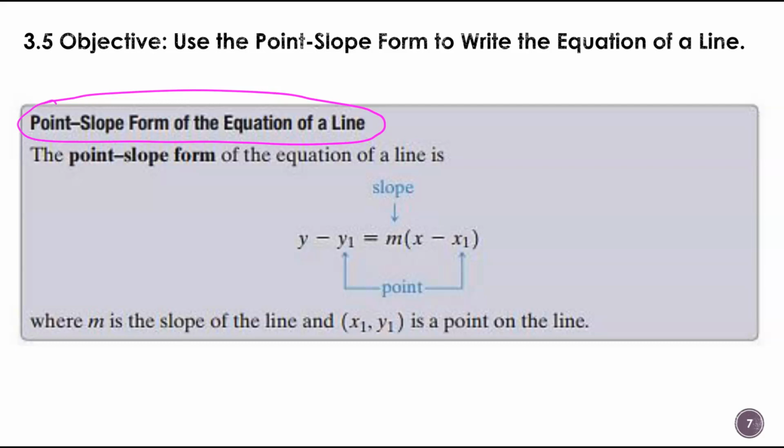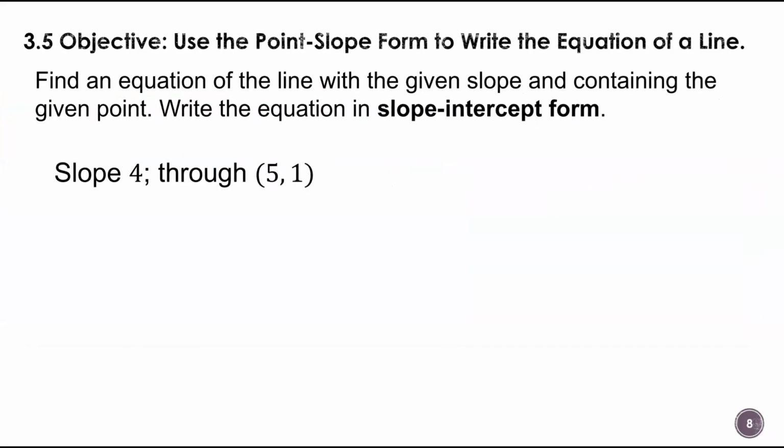Now, you're also going to be told to put your equations in certain forms once you have used the formula. Find the equation of the line with the given slope and containing the given point. Write the equation in slope-intercept form. First, let's write out this form.